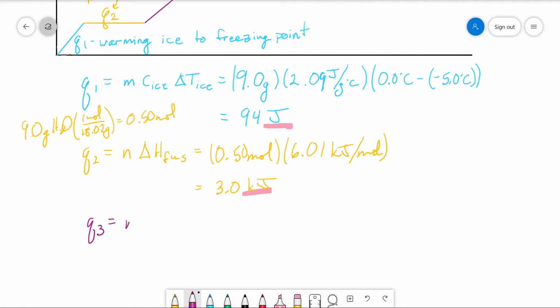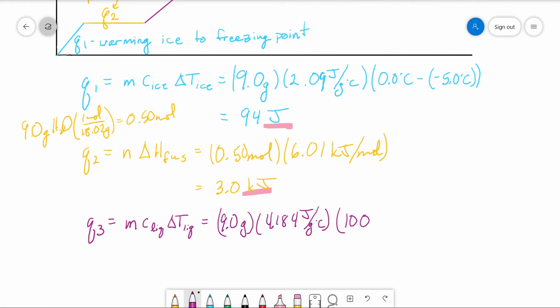Q3 is MC, we're going to call this C of liquid, delta T of liquid. That's 9.0 grams times 4.184 joules per gram degree Celsius, the heat capacity of water, times the delta T. This goes from 0 degrees Celsius up to 100, so we have 100 minus 0.